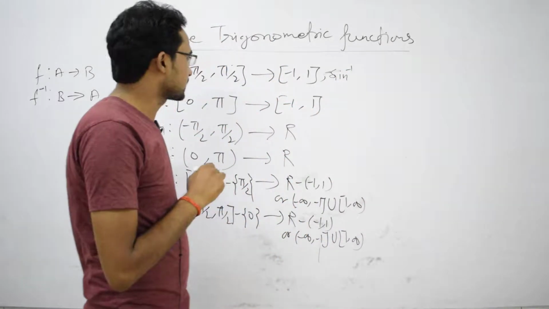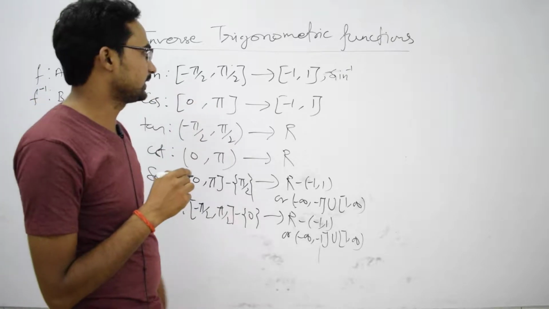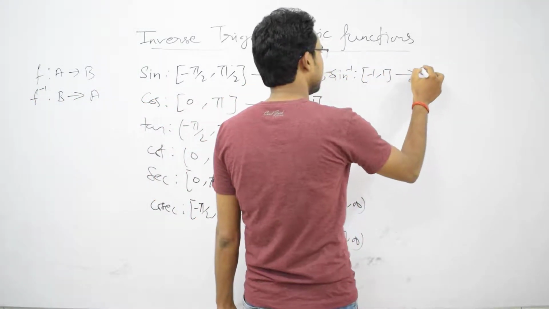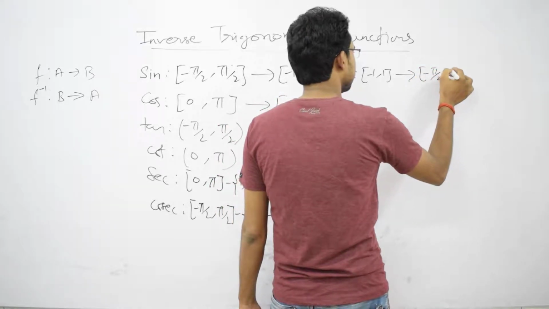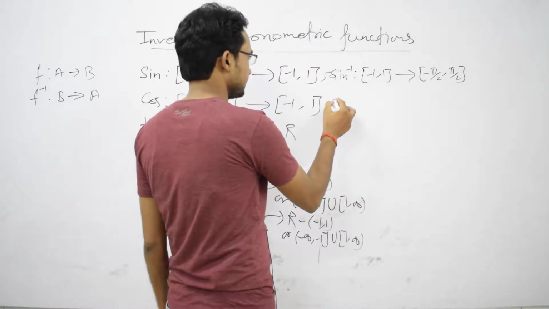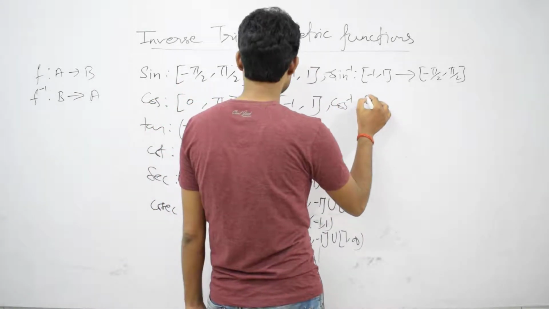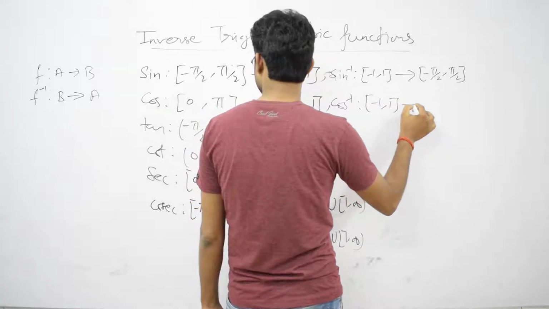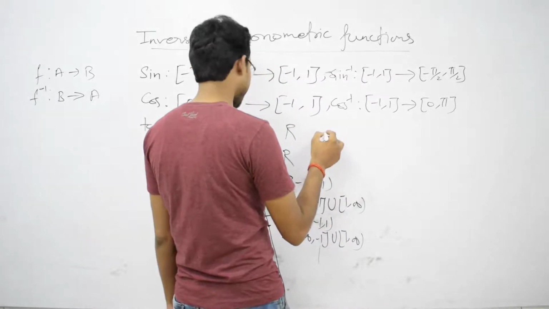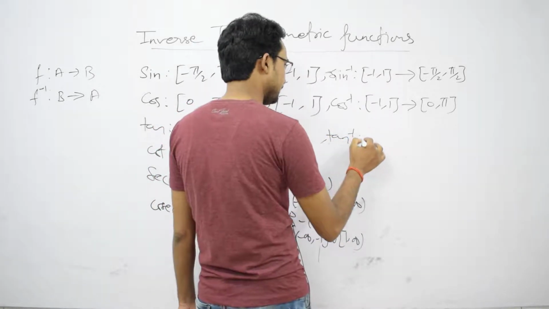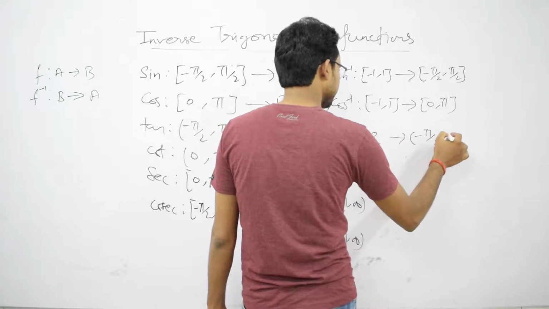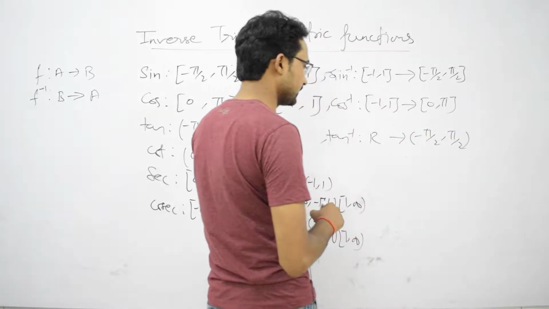So, the domain of sine inverse, in which the function will exist, is minus 1 to 1, and its range is minus pi by 2 to plus pi by 2 in closed interval. And for cos inverse, that means minus 1 to 1 to 0 to pi. And tan inverse is defined from real numbers to minus pi by 2 to plus pi by 2 open interval.